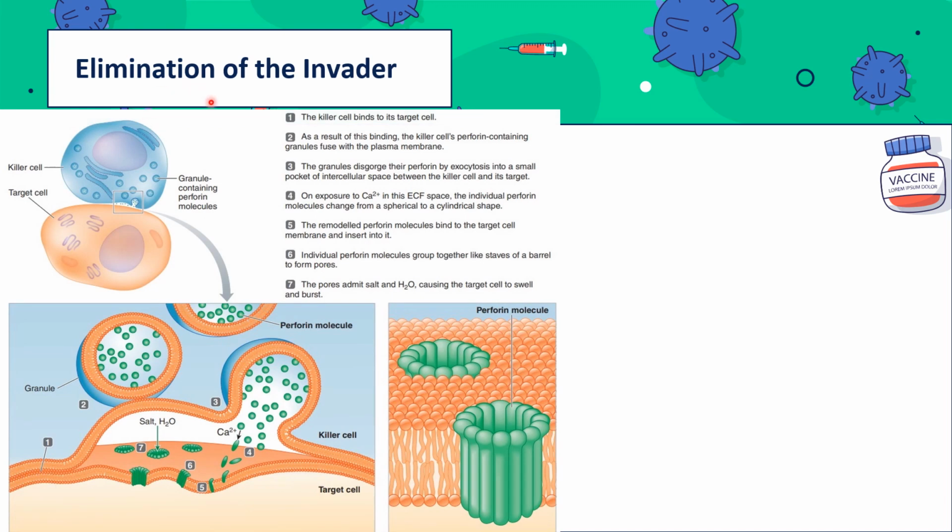Elimination of the invader. The cytotoxic cell secretes perforins, the water channels, and incorporates them in the invading organisms. By this, water gets into the microorganisms, which causes swelling, and finally they undergo osmotic lysis.